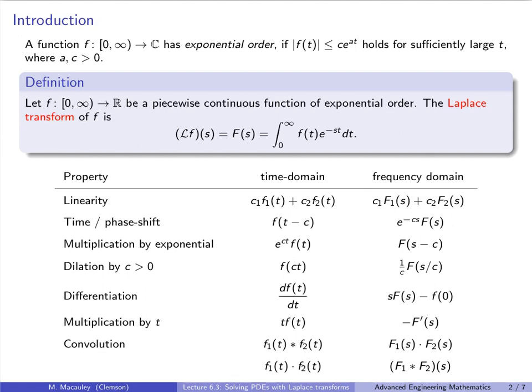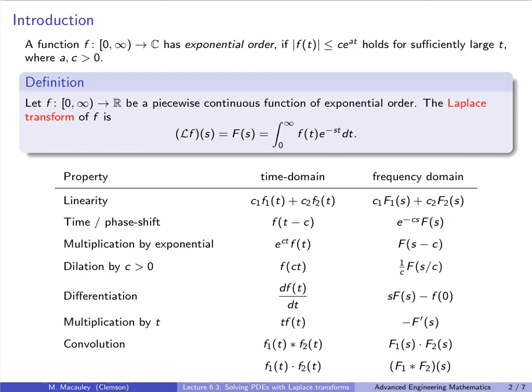So it's usually a modification of the Laplace transform of the original function, which is capital F. Okay, so Laplace transforms are linear, which means that if you start with a linear combination in the time domain, c1f1 plus c2f2, and you apply the Laplace transform, then you get c1 times big F1 plus c2 times big F2 in the frequency domain. So this should not be surprising because integrals are linear operators, and a Laplace transform is defined in terms of an integral. So you can pull apart constants, you can break apart sums.